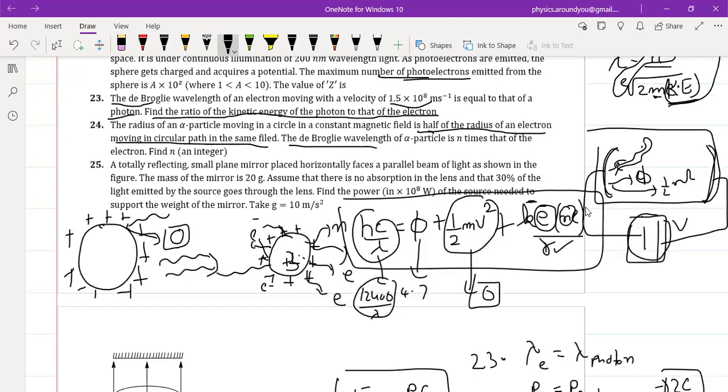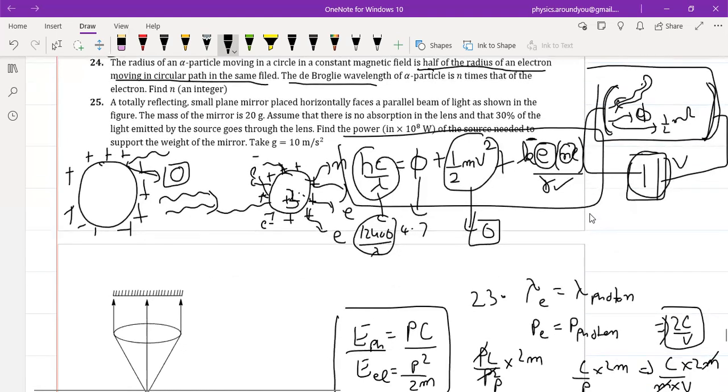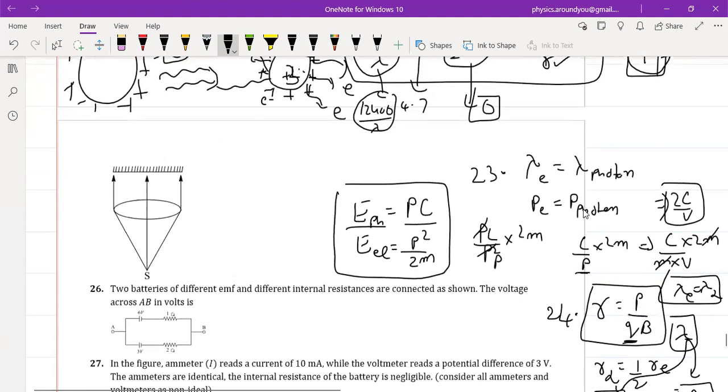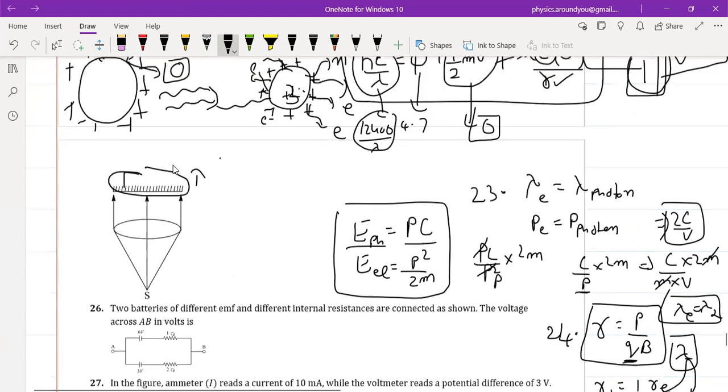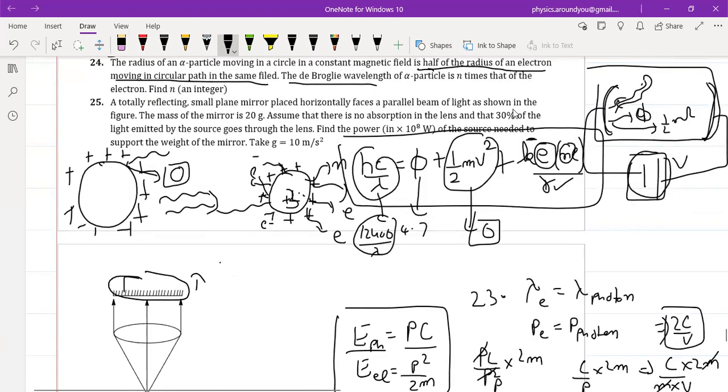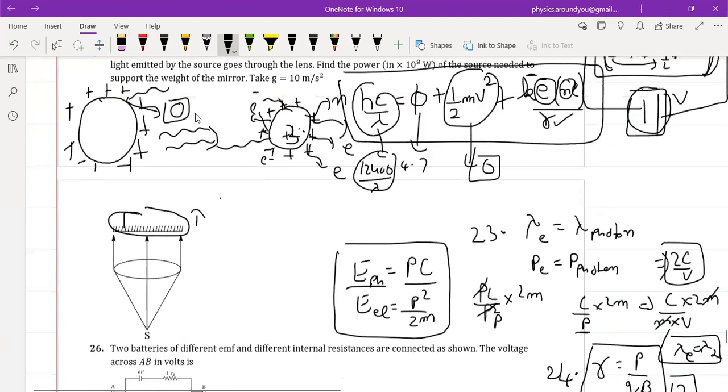Now, question number 25. In question number 25, this is a nice concept. We know that light exerts a force on a surface, and that force is always upwards. And what is that force? This is a perfectly reflecting surface. It's a mirror, a totally reflecting mirror.